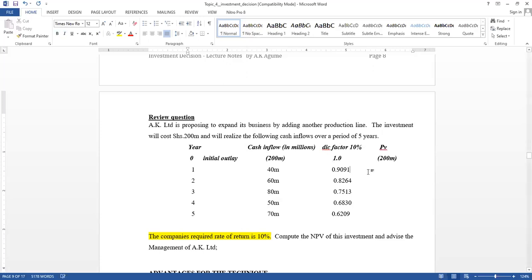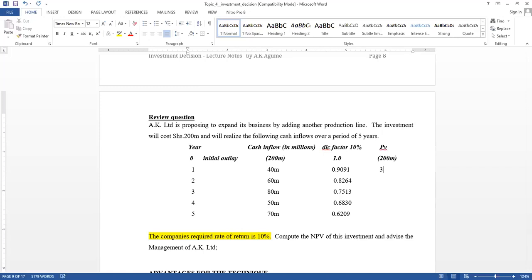So now, when you multiply discount factors with the cash flows, what would be the PV? $40 million times 0.9091.